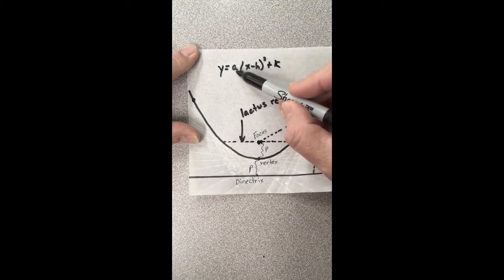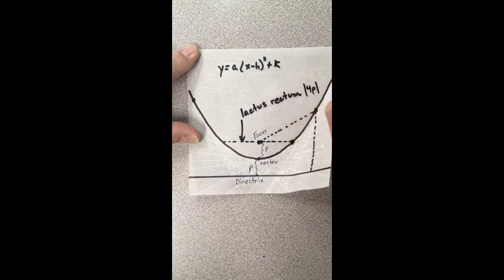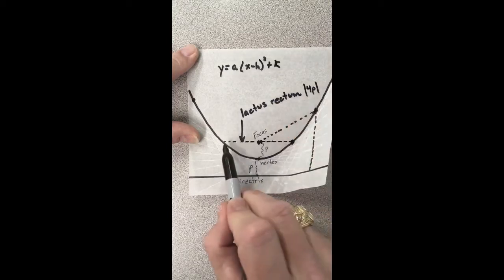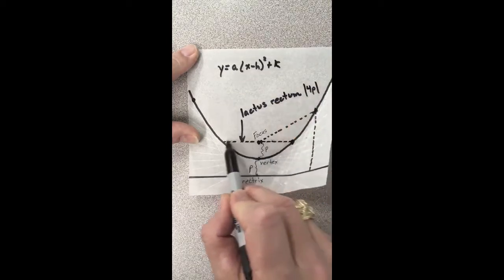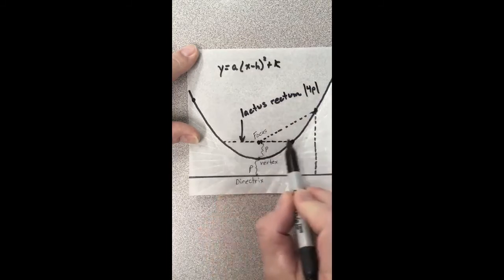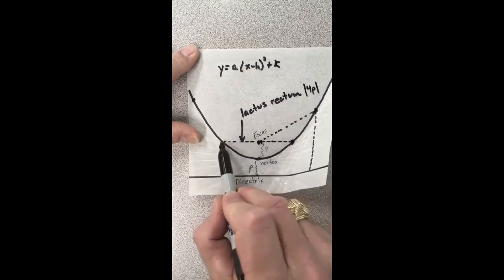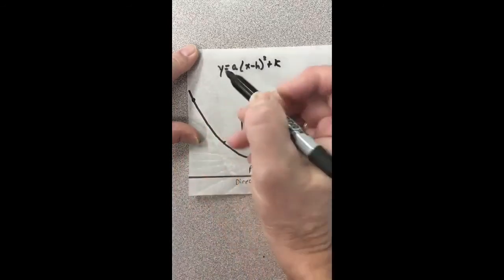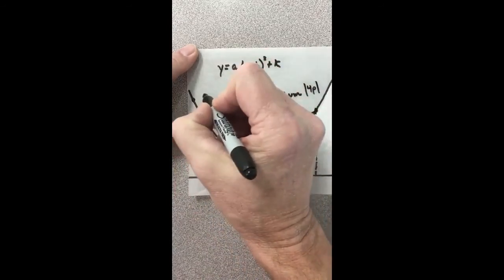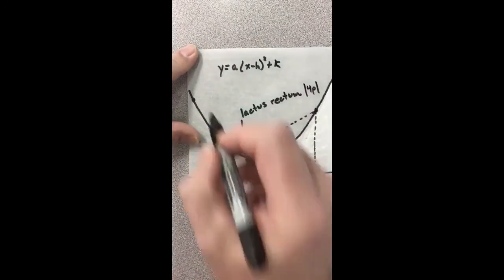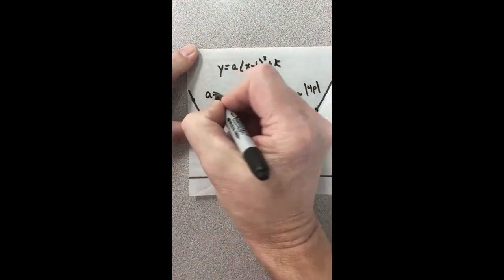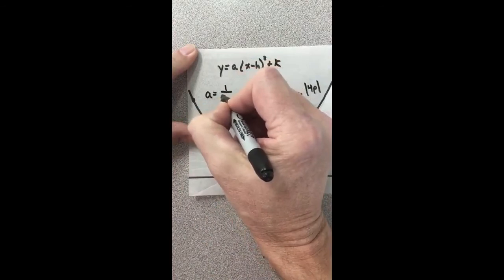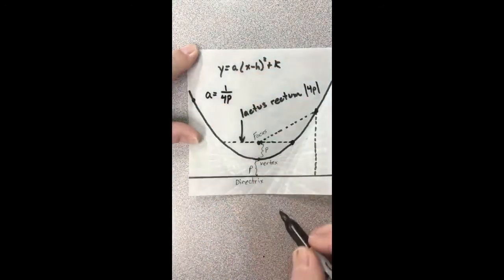But on your vertical stretches and compressions, remember that those determine how wide and narrow your graph is going to be, which means it is directly related to the length of this latus rectum. And so the length of this will help to determine this value of a. Now the relationship between a and this length is that a is equal to 1 over 4p.